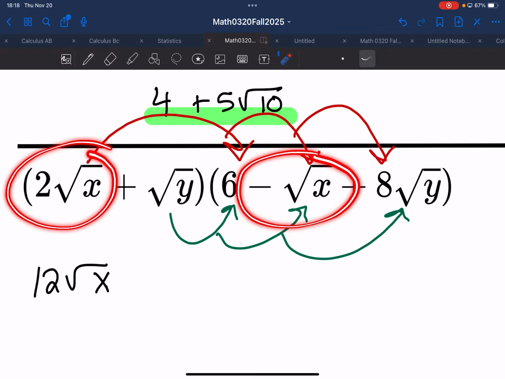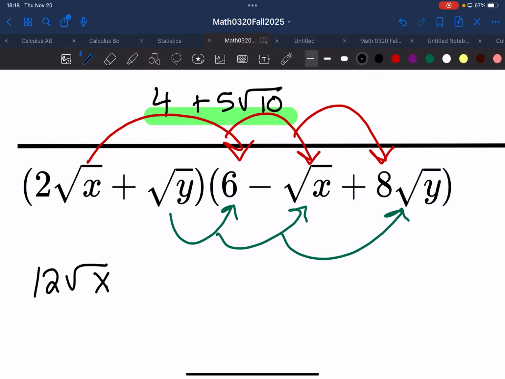Negative 2x. Does everyone see how? We're going to skip the square root, because the square and square root cancel out. If you want to skip it, we're testing our knowledge right now. You can skip it because it's going to be more work than anything.